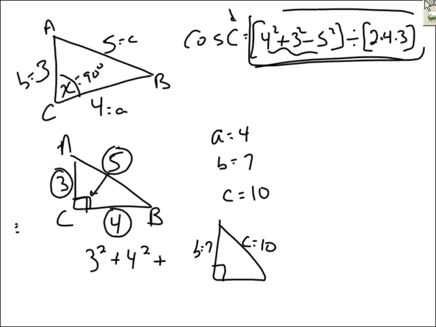Where you put a and b, they can switch. That is, you could have put b equals 7 here, and a equals 4 here. And no, this is not a right triangle because 4 squared plus 7 squared is not equal to 10 squared. But if it were a right triangle, opposite the largest side would be the right angle.